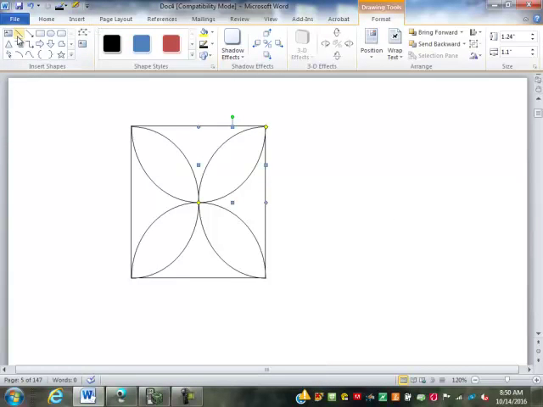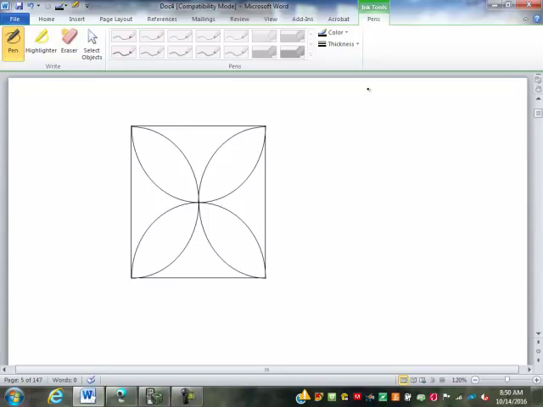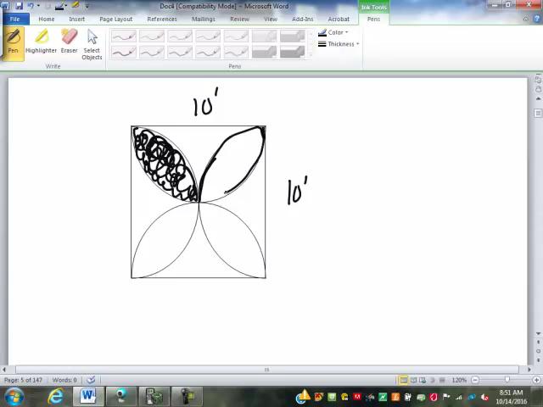So here, once again, we're going to have a rectangle or a square that's 10 feet on each side. Now we're dealing with these pieces of a circle. I want to know what that area is.